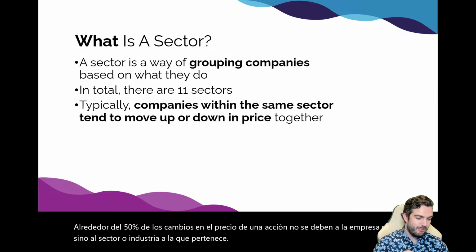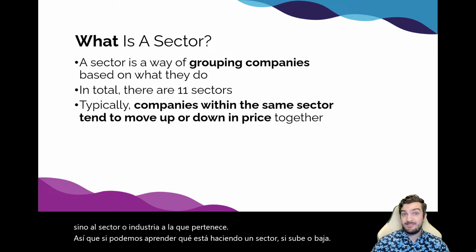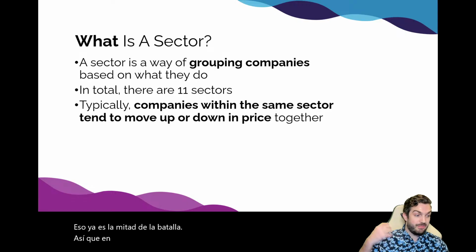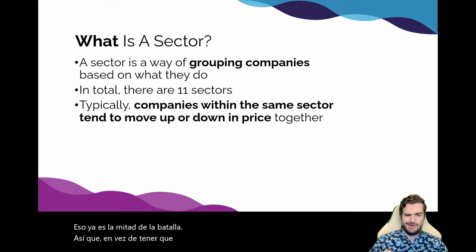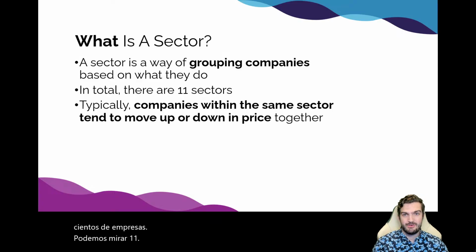So, if we can learn what a sector is doing, if it is going up or down, that's already half the battle. So instead of needing to look at thousands of companies, or if we only looked at the S&P 500 companies, we can look at 11. We can look at 11 sectors.